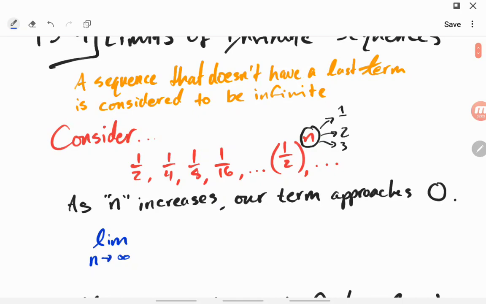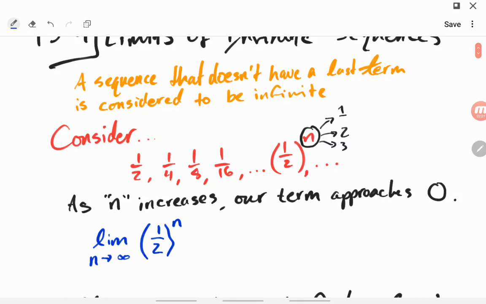All right, so the limit as n approaches infinity of 1/2 raised to the n. This is how we would write it, and that reads the limit as n approaches infinity, as n gets larger and larger and larger, of 1/2 raised to the n.